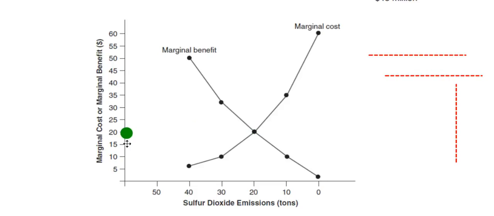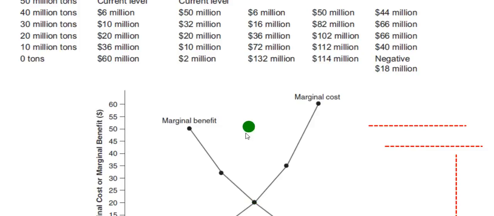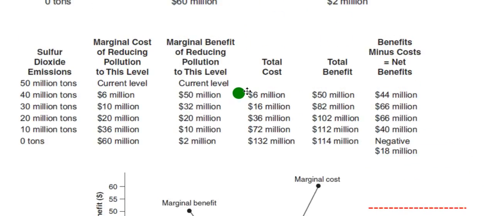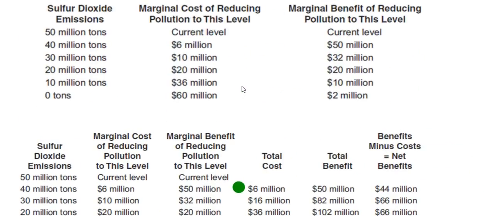This is at marginal cost of 20 million. And this is where cost equals benefit at a sulfur emissions rate of 20 million tons. And if we go back up to our original schedule here, we can see it at 20 million tons.